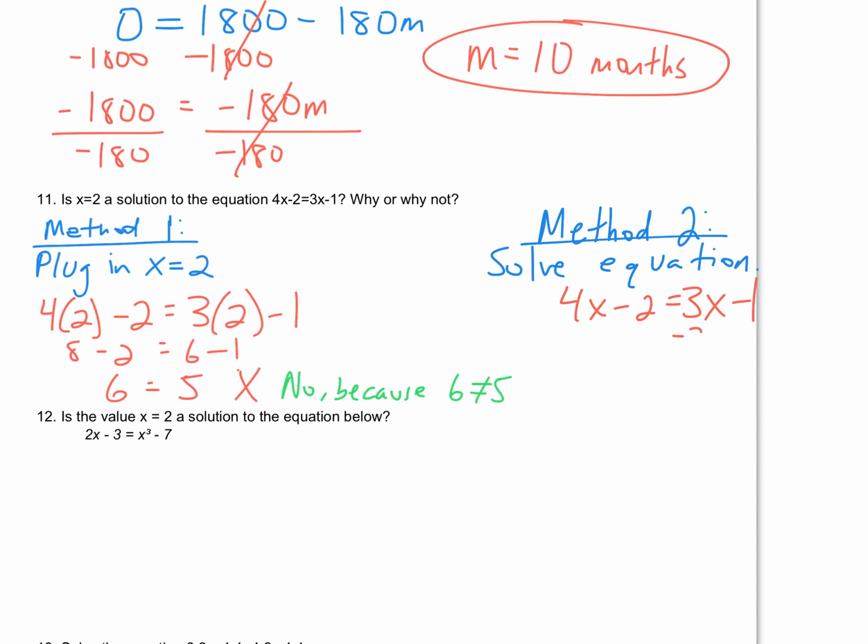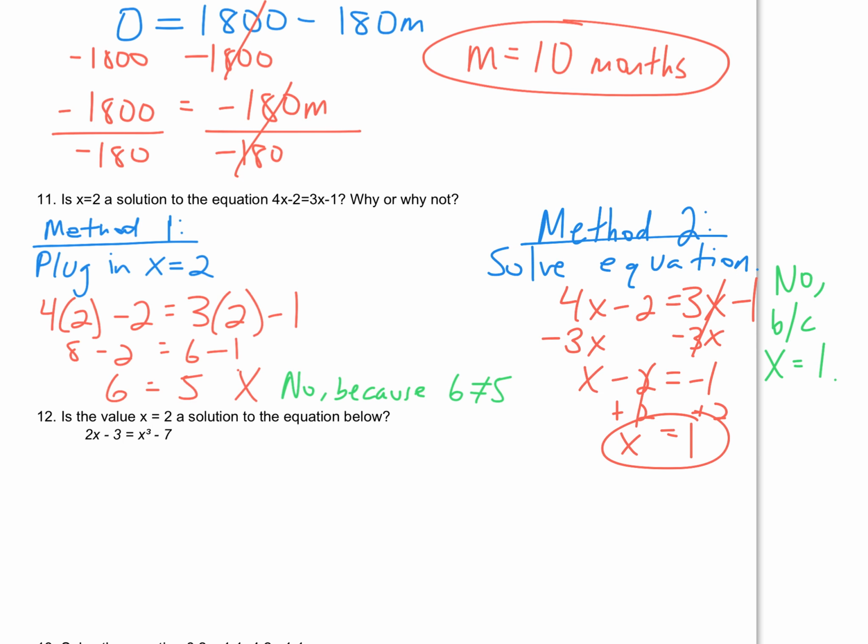Well, let's subtract 3x. x minus 2 equals negative 1. Add 2. x equals 1. So again, I could say no because x equals 1.